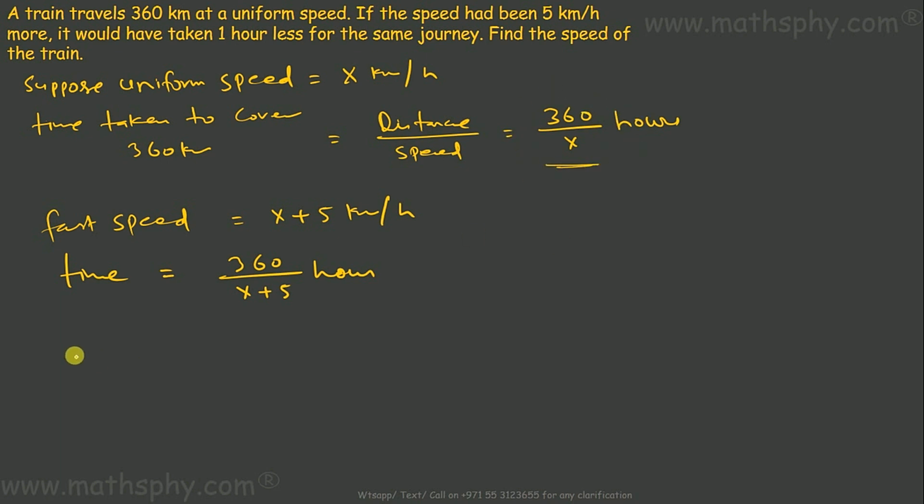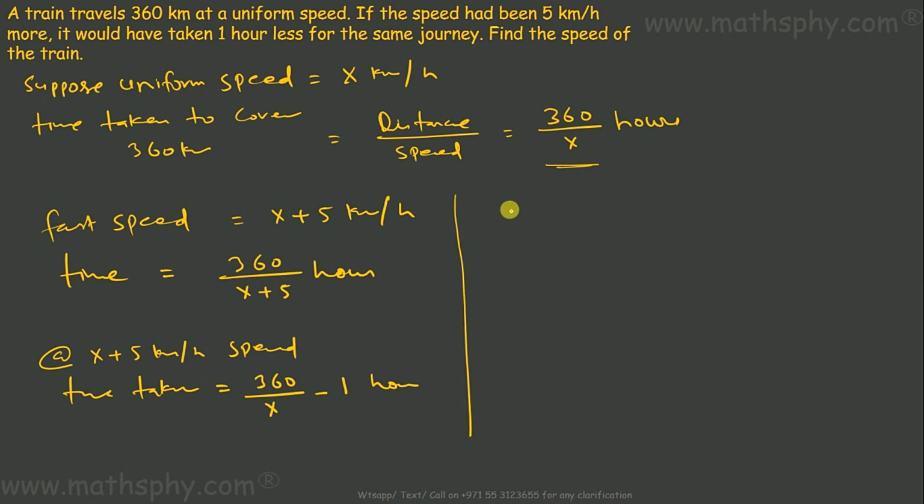Means at x plus 5 kilometers per hour speed, time taken would be 360 over x minus 1 hour. In that case, 360 over x plus 5 will be equal to 360 over x minus 1 hour. Both are in hours. Now let's try to solve this.